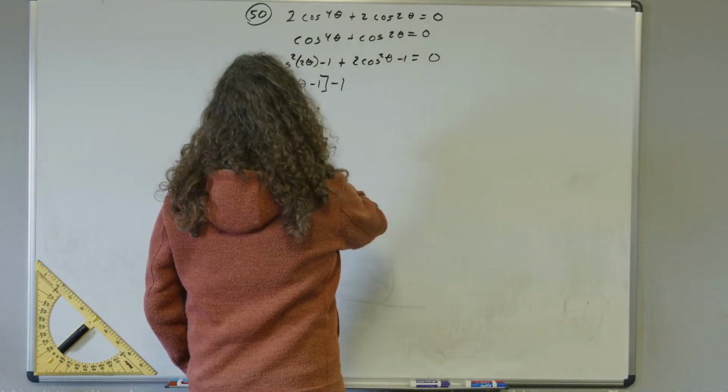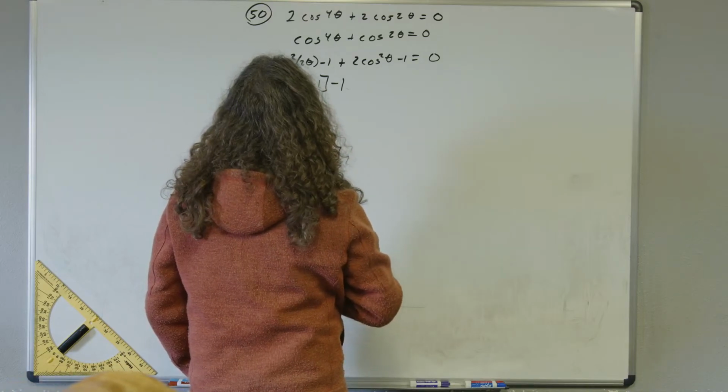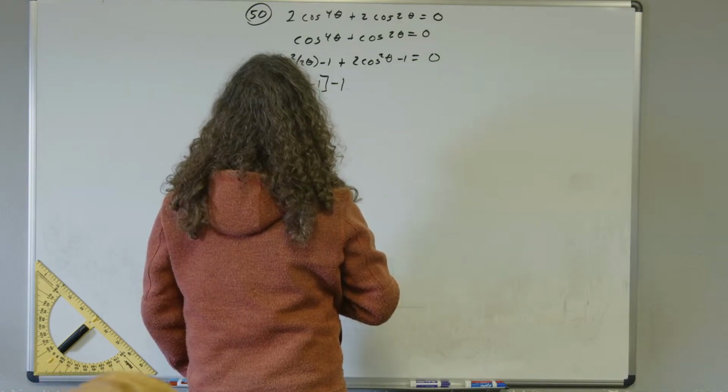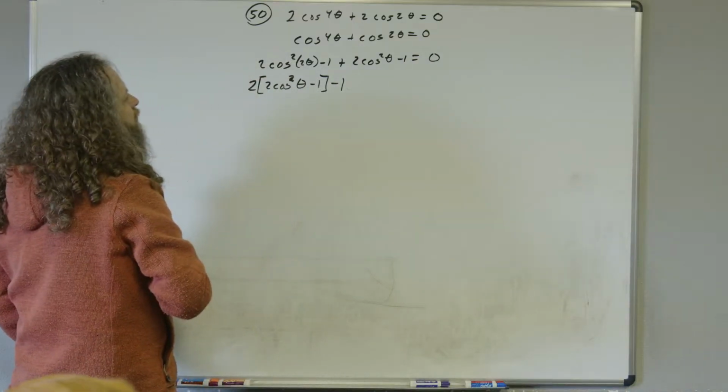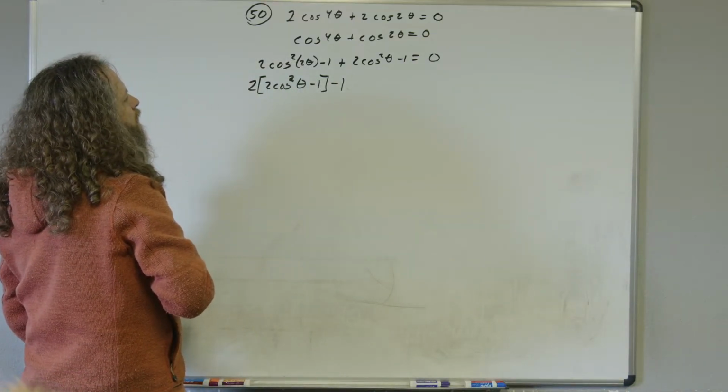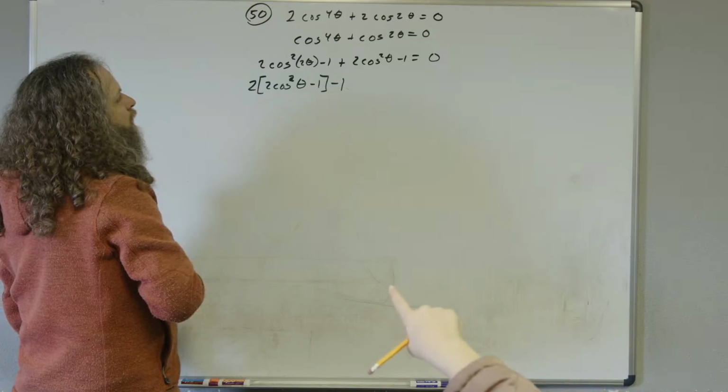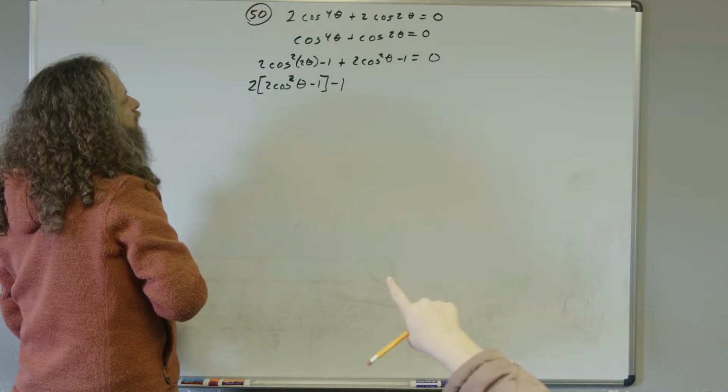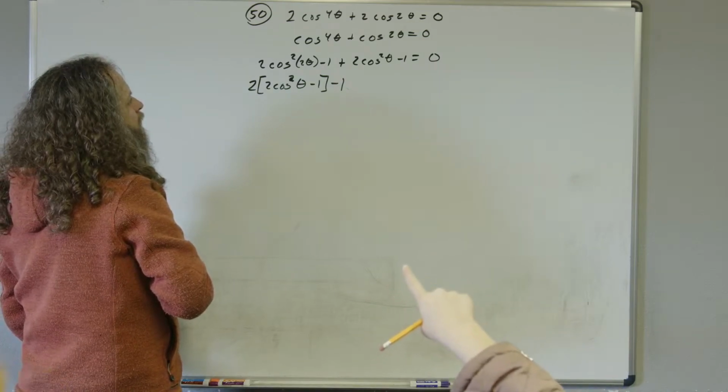Wait, why'd you get rid of that other 2 cosine squared? What other 2 cosine squared? Because the thing at the front is supposed to be 2 cosine squared. It's not just supposed to be a leading 2, it's supposed to be a leading 2 cosine squared because we're doing that at the 2 theta, not this cosine squared.